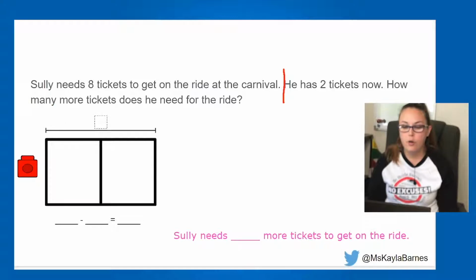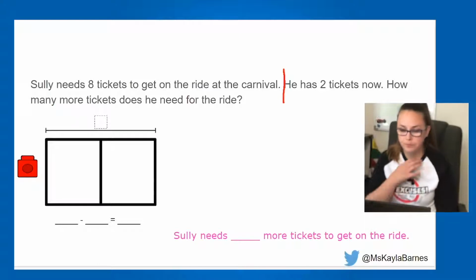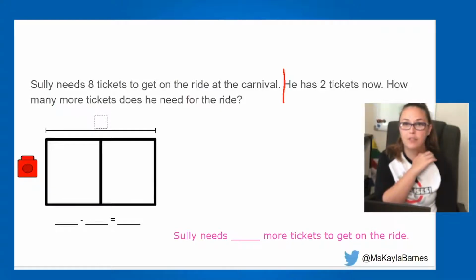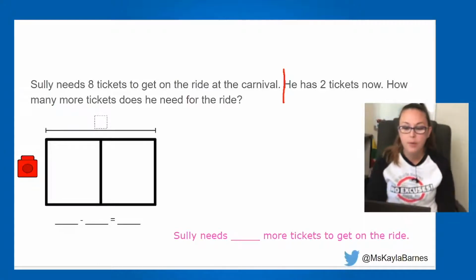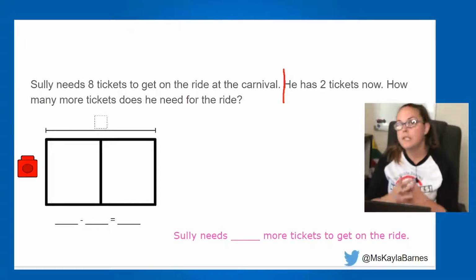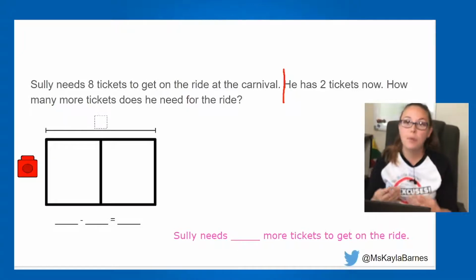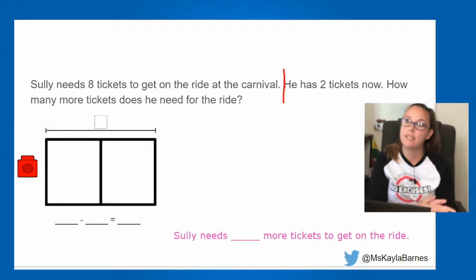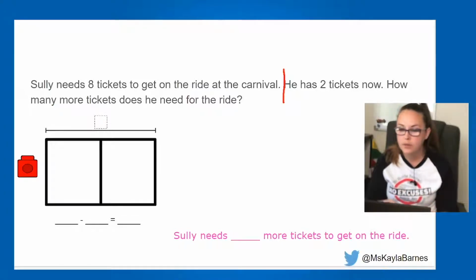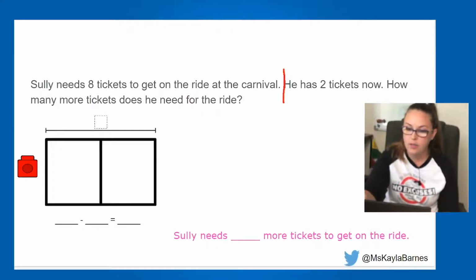We also know that subtraction problems start with the total number of objects that we have. Does 8 reflect the total number of objects that we have? Sully doesn't have 8, but that's how many he should have if he wants to get on the ride. So that number does represent the amount of tickets that he will need in order to get on the ride.